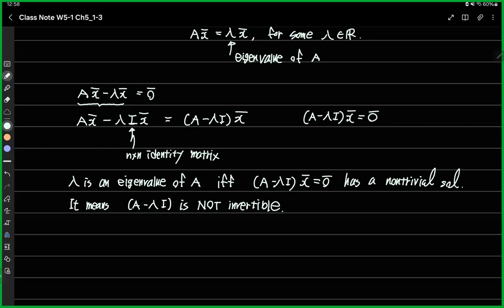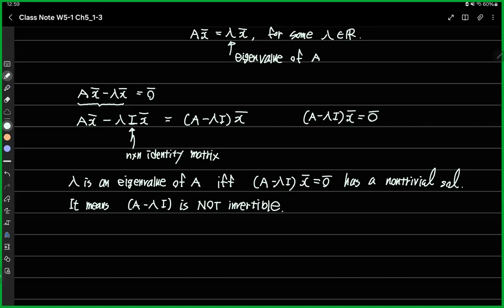So the matrix equation doesn't have a non-trivial solution, which means there is no eigenvalue or eigenvector. So in order to have an eigenvalue and eigenvector, A minus lambda I must not be invertible.